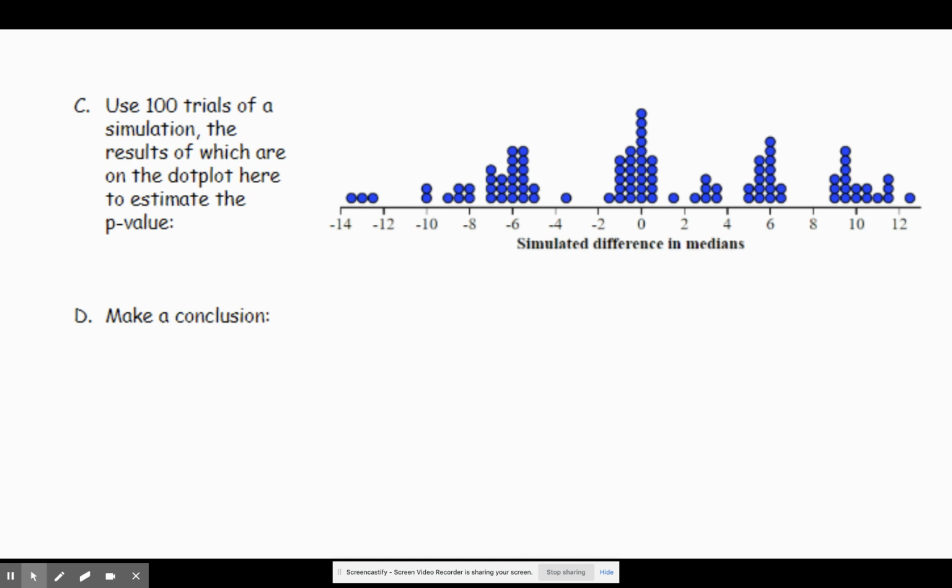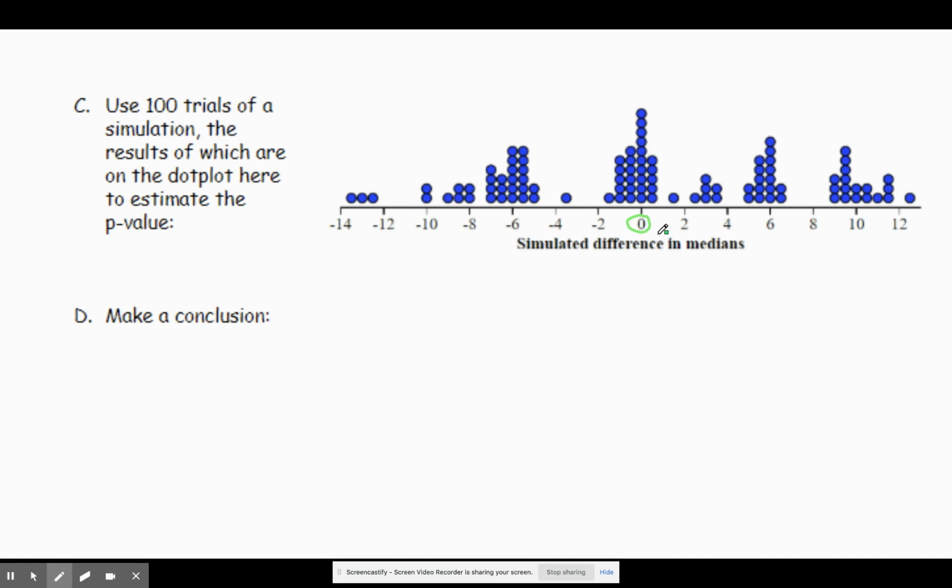Our next step is to use the simulation to calculate the p-value. Again, notice when we look at our dot plot of simulated differences in medians, we had actually several that were right at 0, right? And 0 means that there is no difference between Holland and West Ottawa.